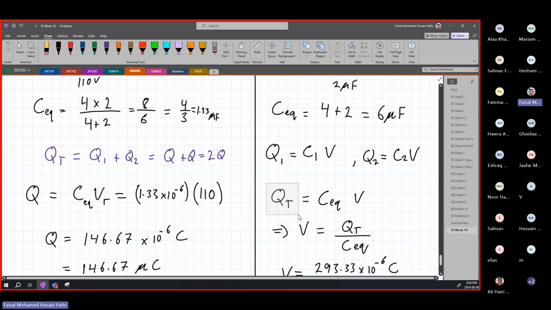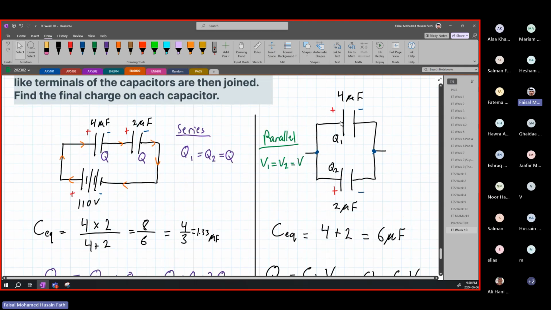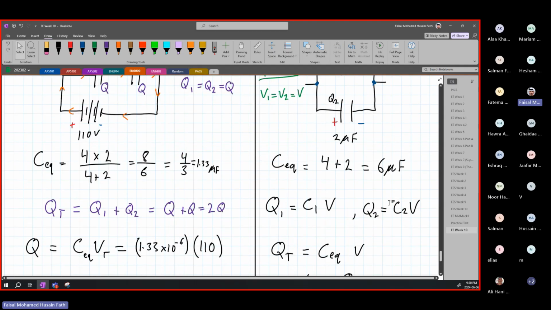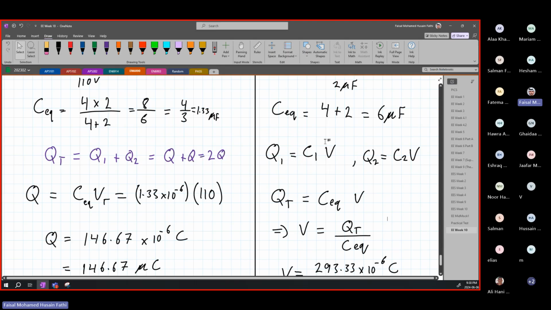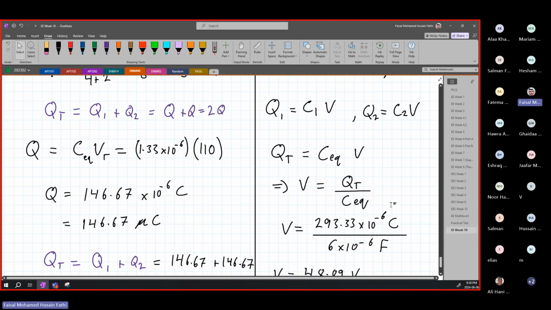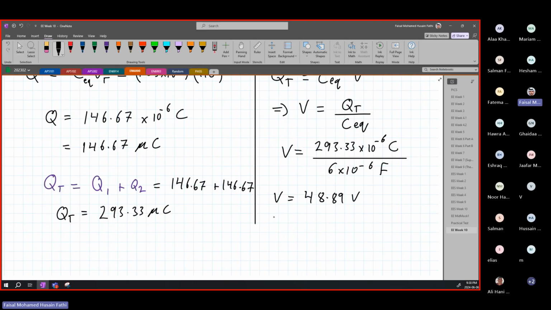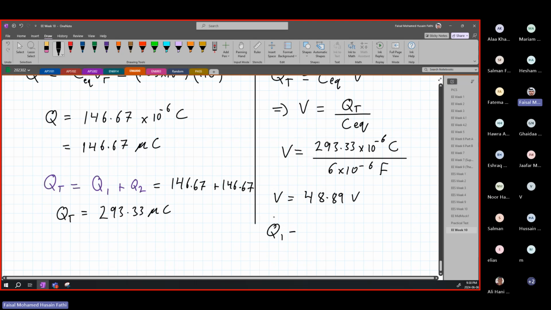Now we can find our total charge that we have found from series. We can use it, I should say, with the equivalent capacitance that we have found of the circuit to find the total voltage, which is the same. Once we find this total voltage, now we can apply it to find our Q1 is equal to C1V.